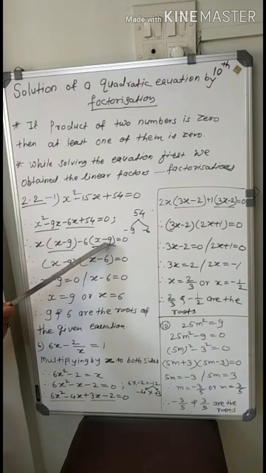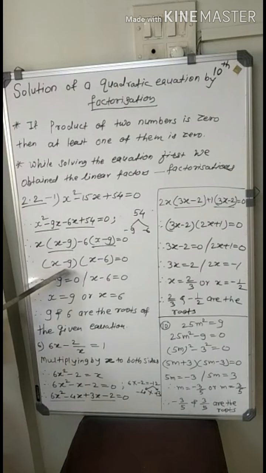Why here the minus sign? Because the bracket outside, हे bracket जर आपण solve केली, if we solve this bracket, then due to this minus sign, minus minus becomes plus. So x minus 9 is the other factor equal to 0. The common factor is written only once.